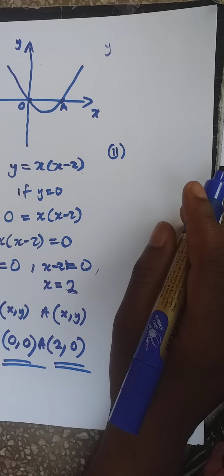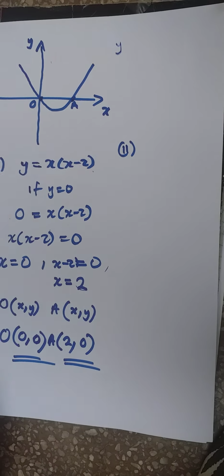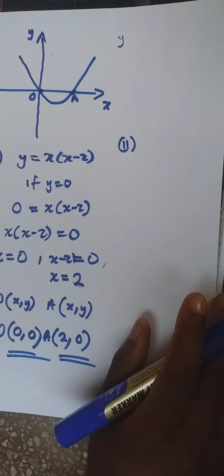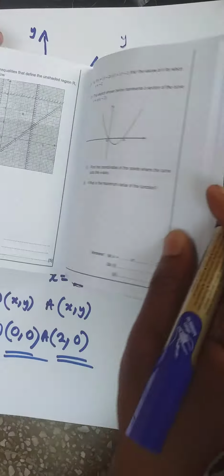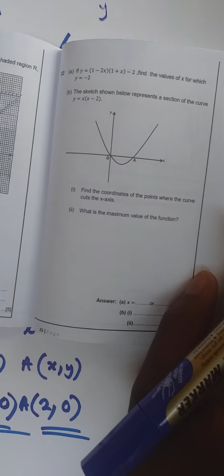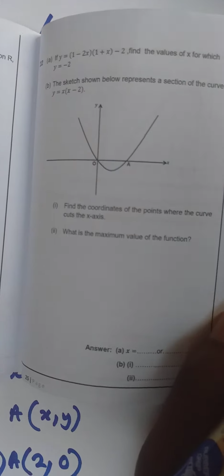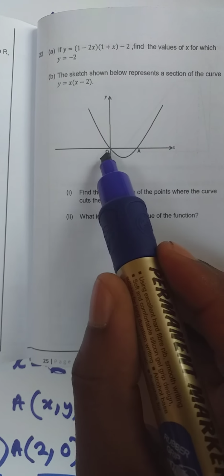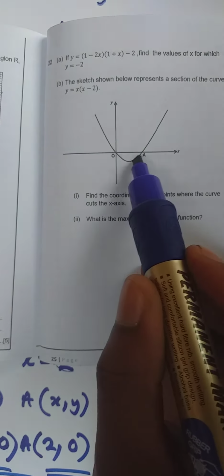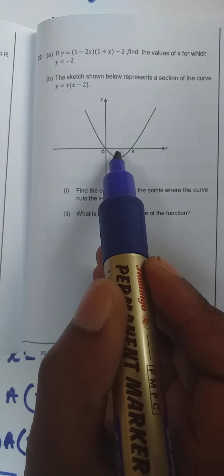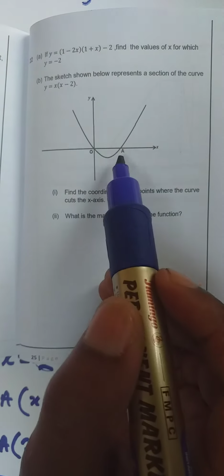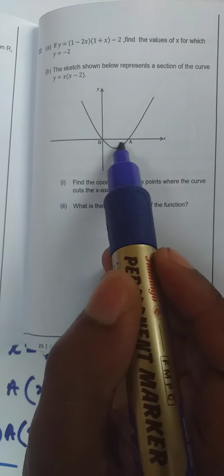What this question simply means is that it is asking you to find the value of y for the turning point. For this curve, what's the highest value here where it's turning? In short, maximum or minimum always means the value of y for the turning point.